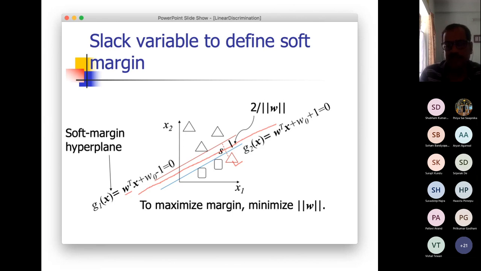So when we are optimizing the objective function, we have the parameters. The parameters are used for optimizing the objective function.